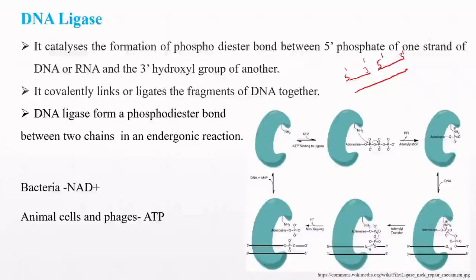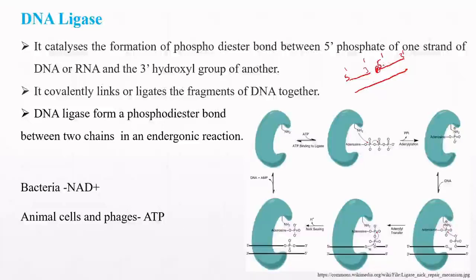Since in the 5' end only one phosphate is present, spontaneous formation of a phosphodiester bond cannot take place. Neither can DNA polymerase synthesize a phosphodiester bond, because only one phosphate is present in the 5' end of a fragment. Hence, DNA ligase enzyme is very essential.